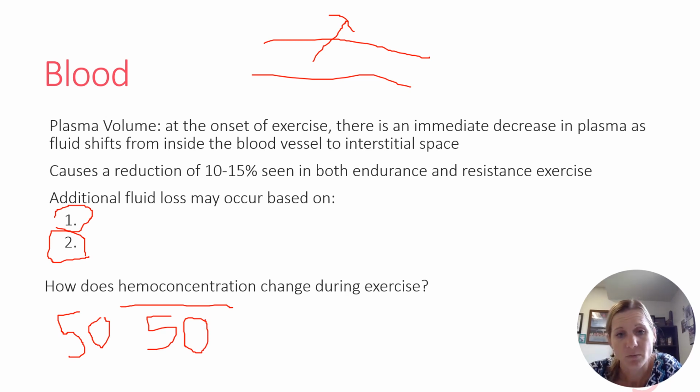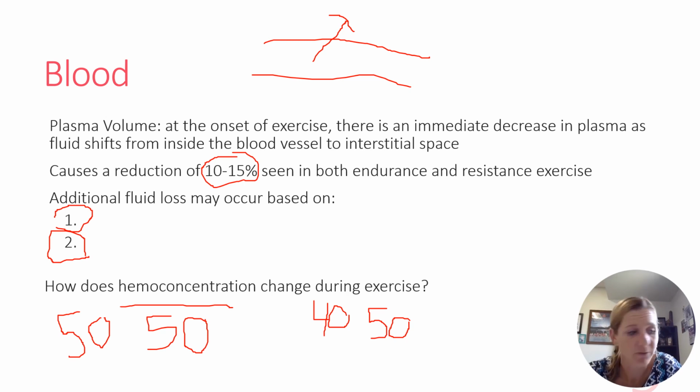Okay, so we just said that we're going to lose 10 to 15% during this exercise. So now I have 40 fluids and 50 blood cells. So instead of being 50%, I'm more like 60% or 70 or 80 or whatever the math is on this.